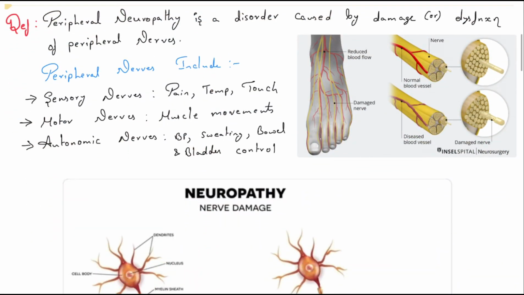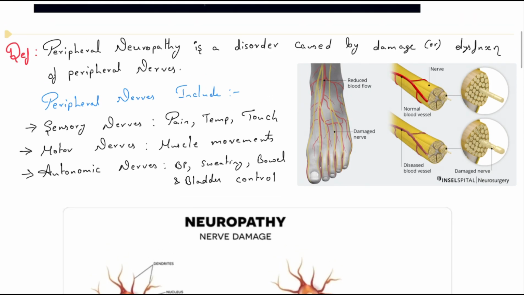So what is neuropathy? If you're seeing anything related to neuro, it means it's related to nerves. First of all, we have peripheral neuropathy, meaning understanding nerve damage.